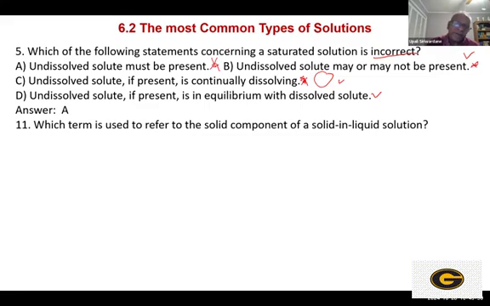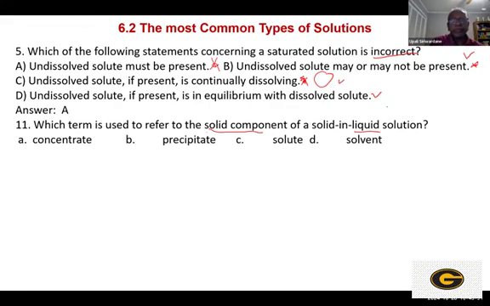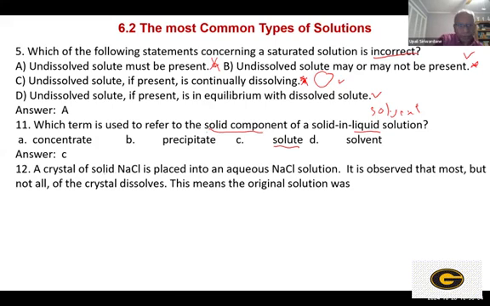Which term is used to refer to the solid component of a solid in liquid solution? Liquid is the solvent. The solid component is the solute. A crystal of sodium chloride is added to water, forming a sodium chloride solution.